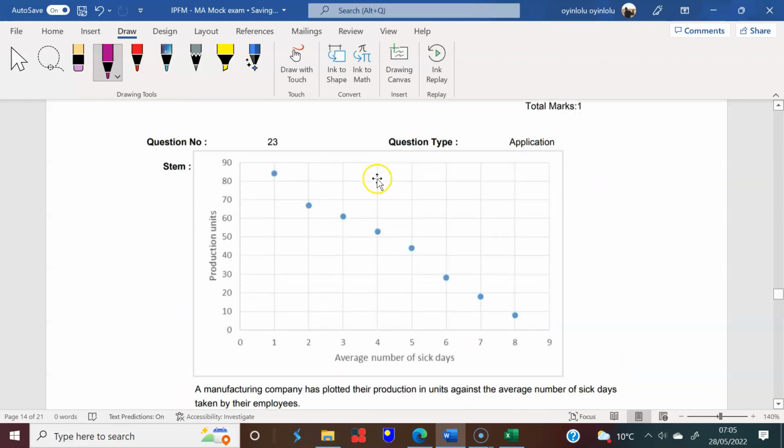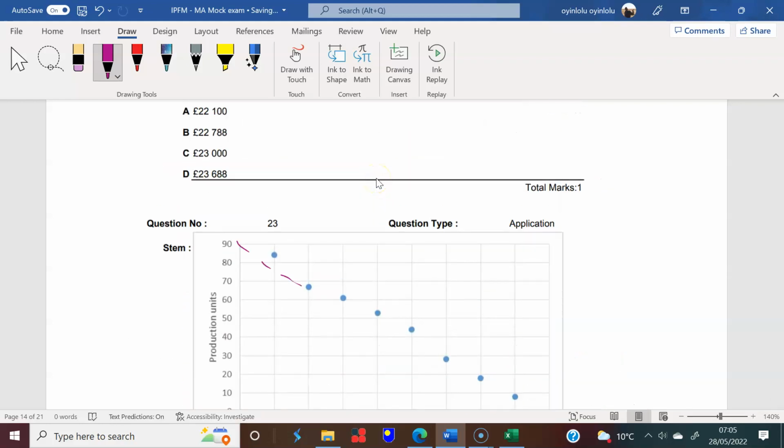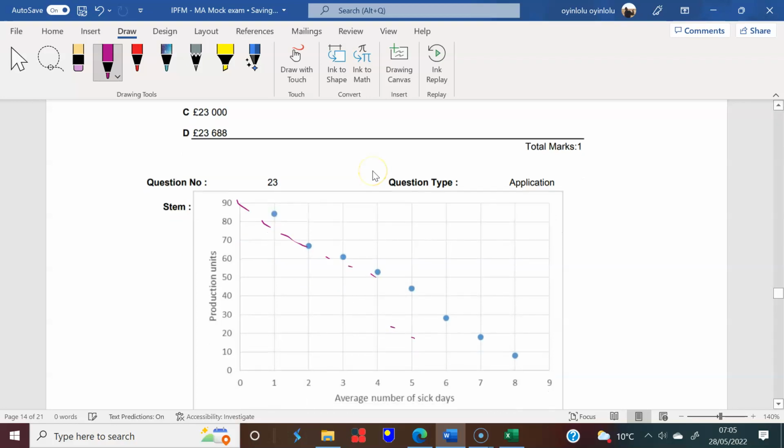Right, with this question, what you're looking at is the relationship between production units and sick days. This is referred to as negative correlation. It's going in the opposite direction. There is strong correlation, in fact, but it's traveling in this direction. If it was positive correlation, we would be going this way. We just use the words positive and negative, not as good or bad.